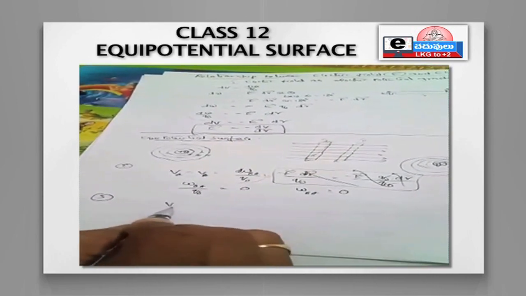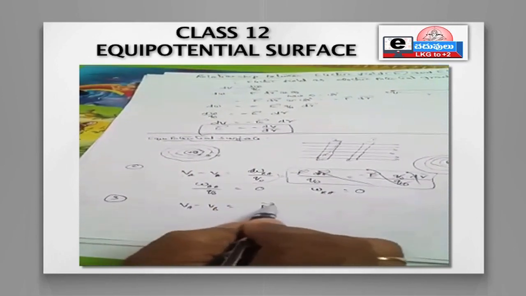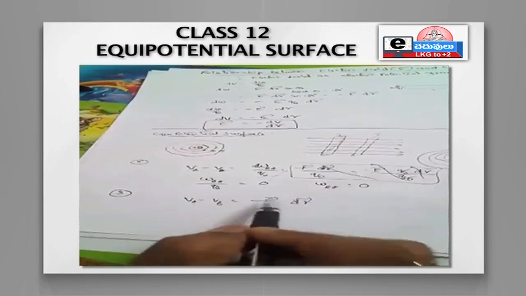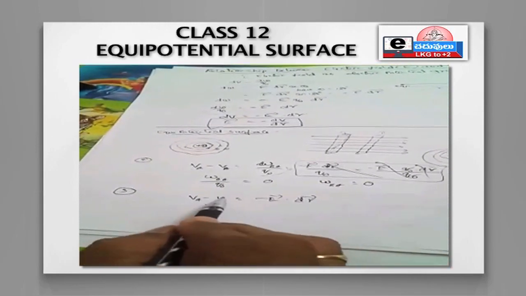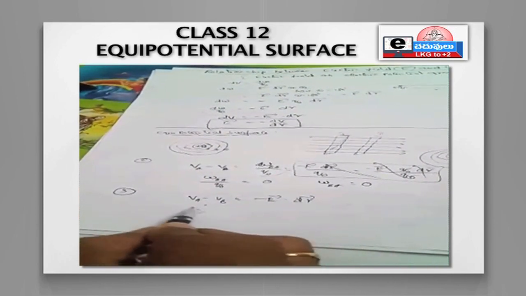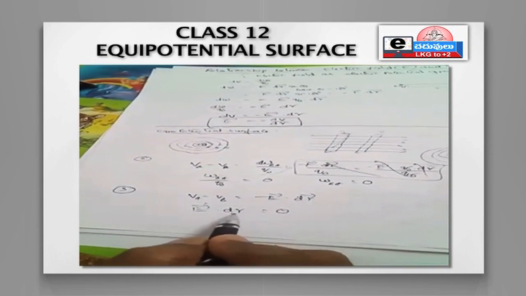The potential difference VA minus VB is equal to E into dr. You got this earlier. Now the potential difference on the equipotential surface is 0, therefore E into dr is equal to 0. Dr means the displacement.